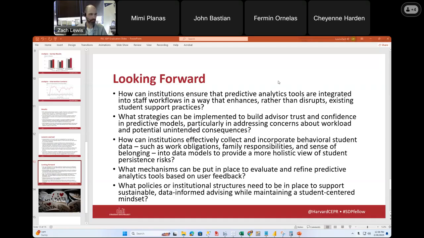Now, how do we move forward? On bullet number one, what we want to do is develop more trust in the tools so advisors will have greater confidence when they use the tool.